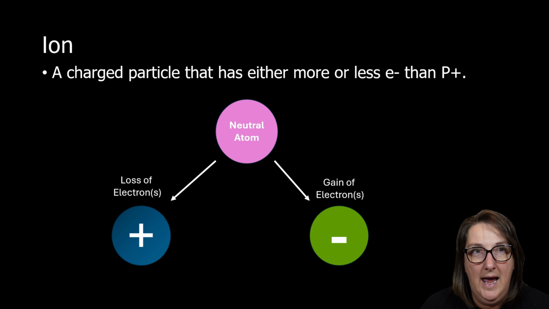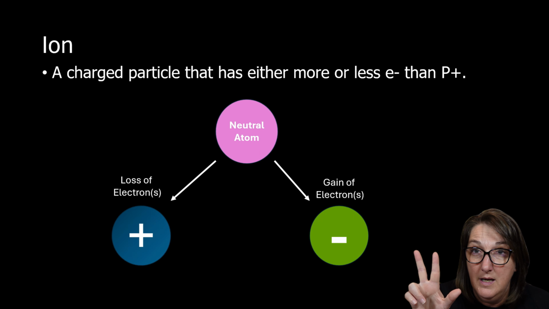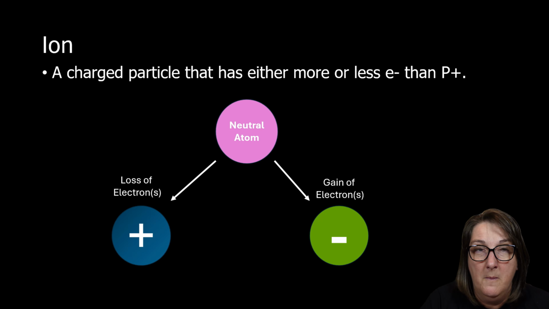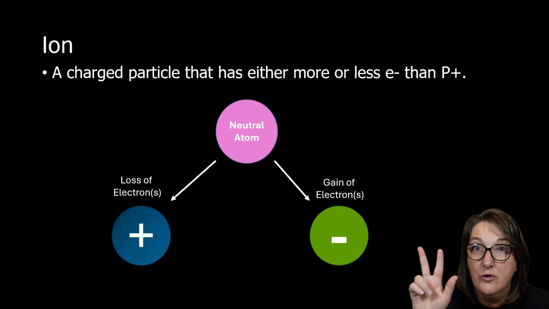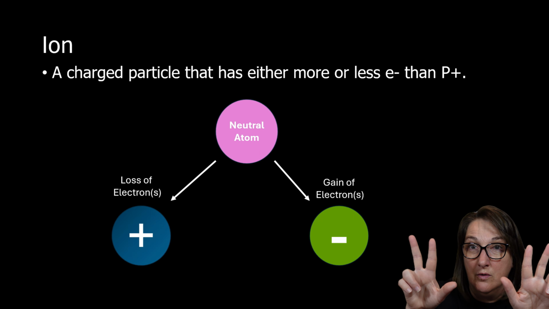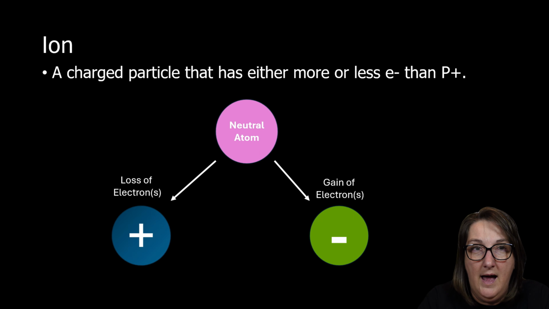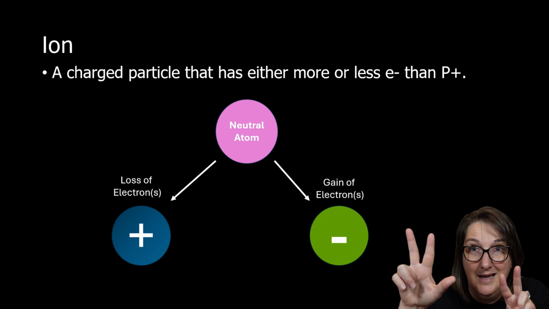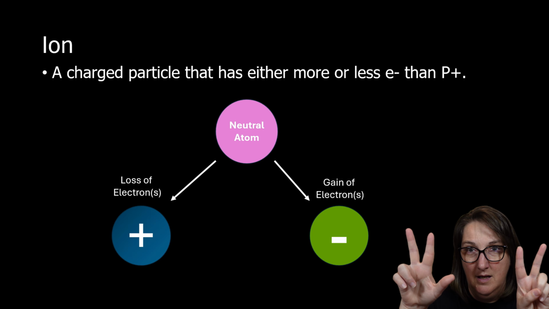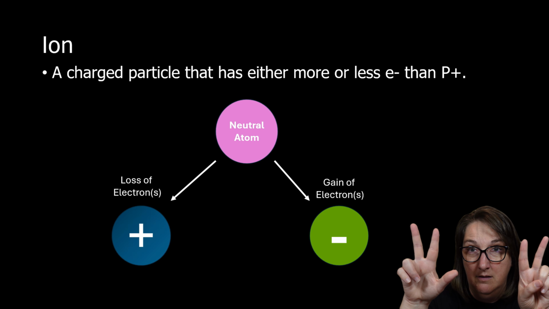So let's look at lithium. Lithium has an atomic number of 3. So if I have 3, it's going to be 3 protons, 3 electrons. If I have 3 protons and 3 electrons, I'm neutral, right? 3 pluses, 3 negatives. If I have 3 protons and 2 electrons, am I more positive or am I more negative?